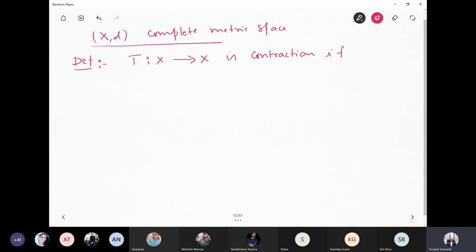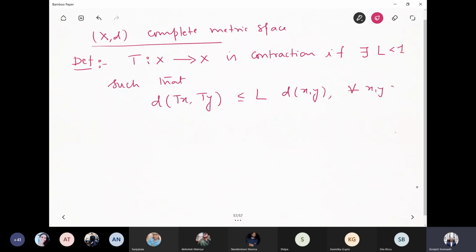If there exists a constant L, which is strictly less than 1, such that d(Tx, Ty) is less than or equal to L times d(x, y). This is true for all x, y belonging to X.